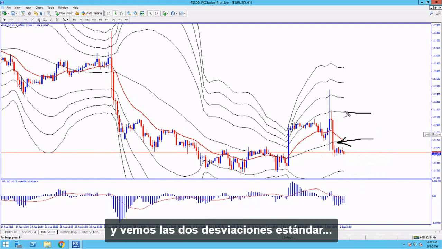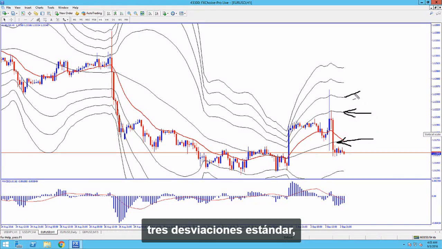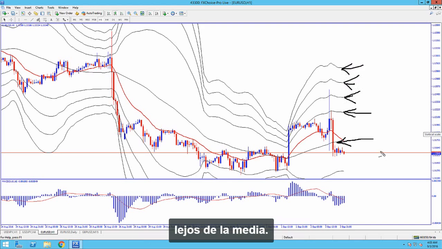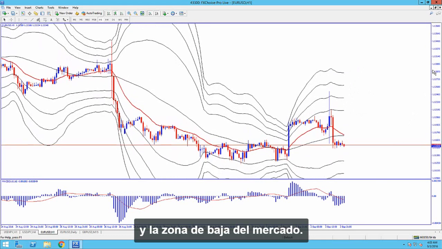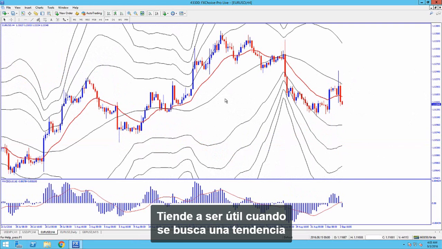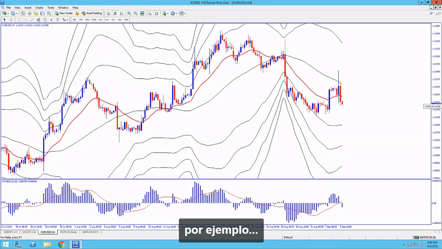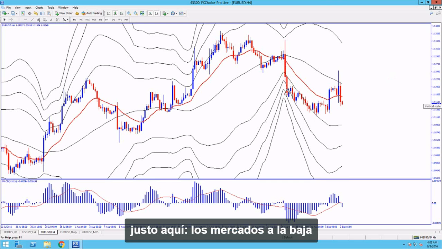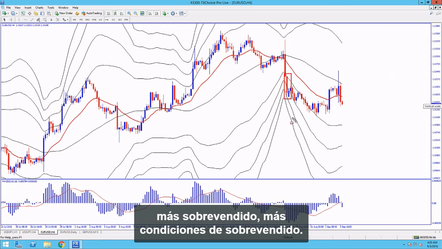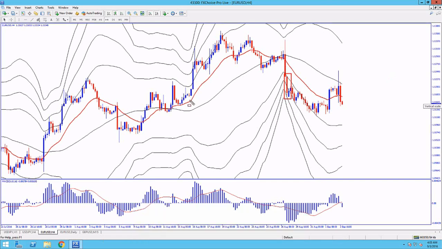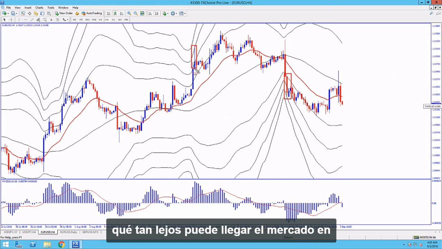And we look at 2 standard deviations, 3 standard deviations, 4 standard deviations, and 5 standard deviations away from the mean, both on the upside and the downside of the market. It tends to help when you're looking at trend. For example, right in here, market's flushing down, and we're looking at more oversold conditions. When you're moving up, we look at how far can the market go in an overbought condition.